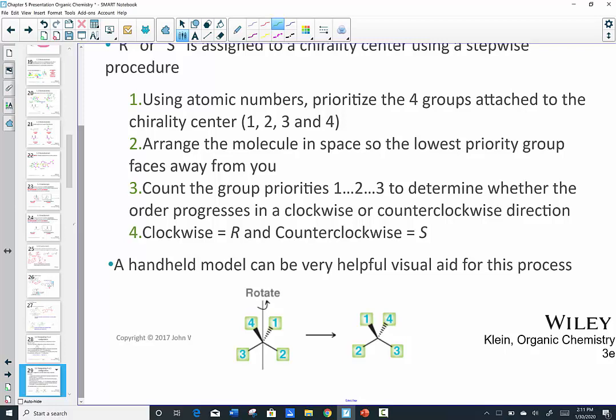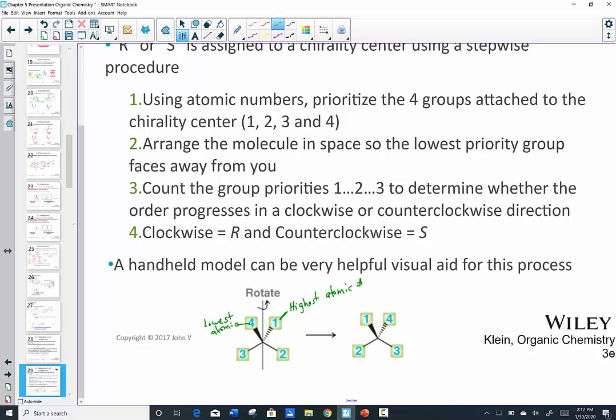So when we designate highest priority, number 1, remember that this is the highest atomic number, which corresponds to atomic weight as well. And then this, of course, would be the lowest atomic number. The highest priority, highest atomic number gets the number 1.